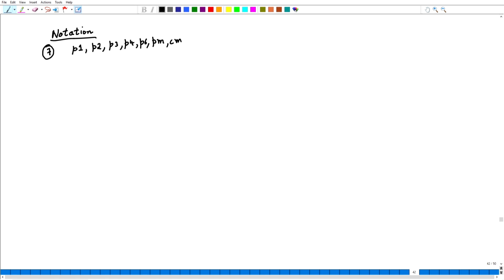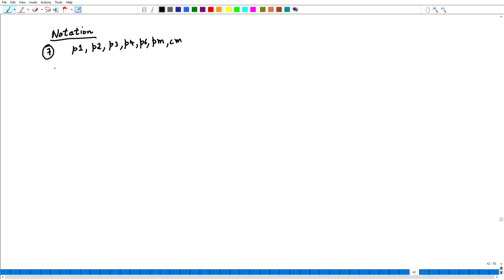So far what we have done, we have added only the point groups 1, 2, 3, 4, 6 and M to the various lattices. Now, we still are left with a few more point groups. Which are the point groups that we are left with?